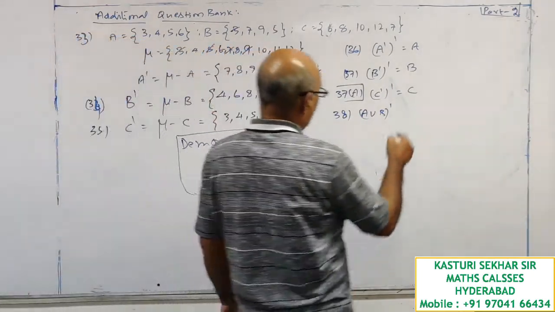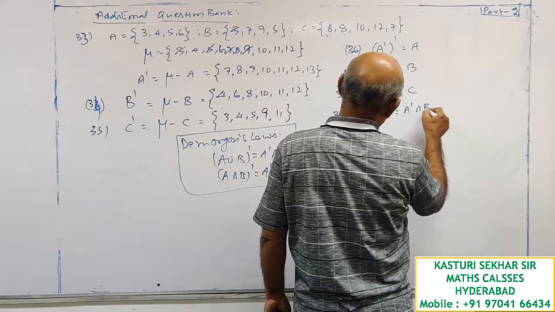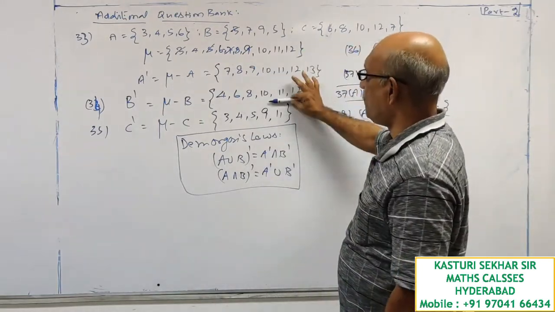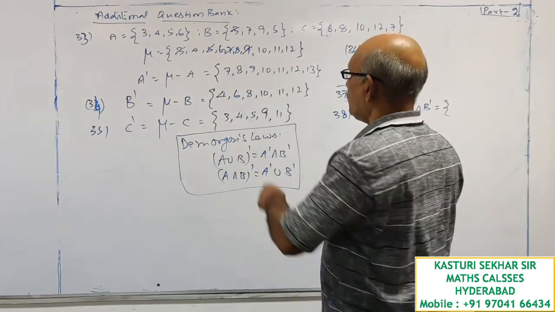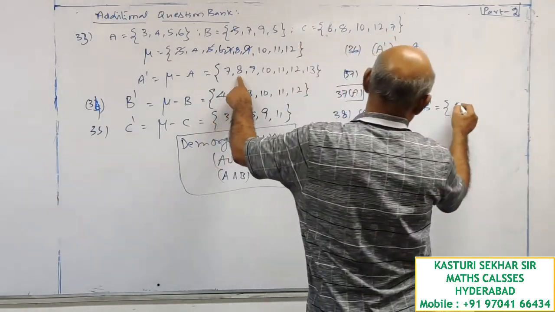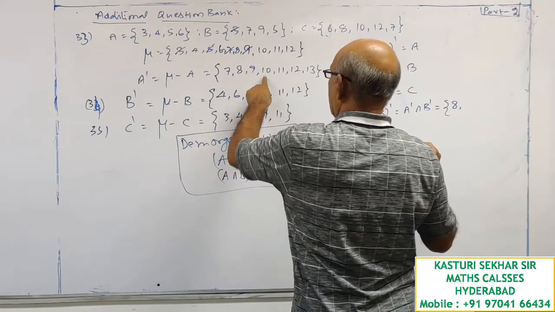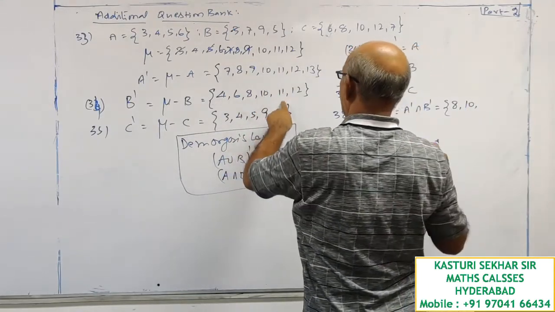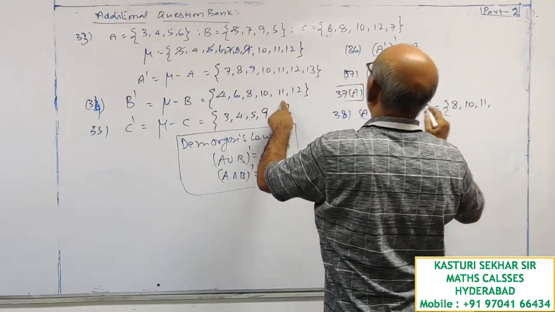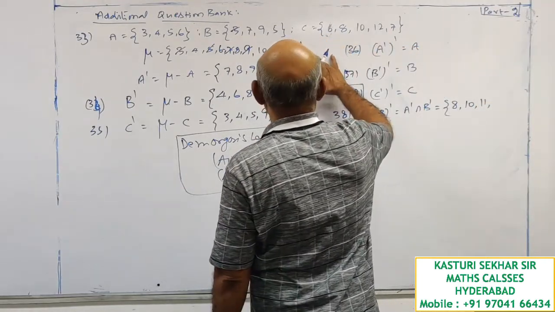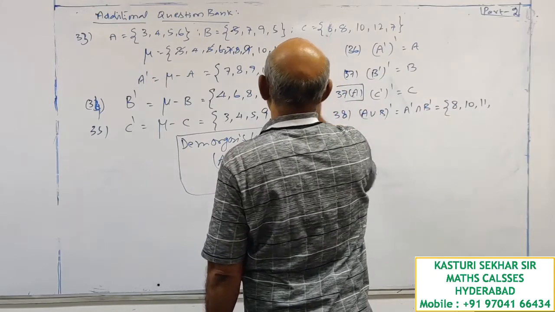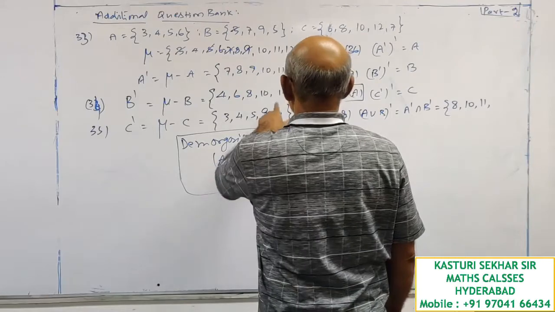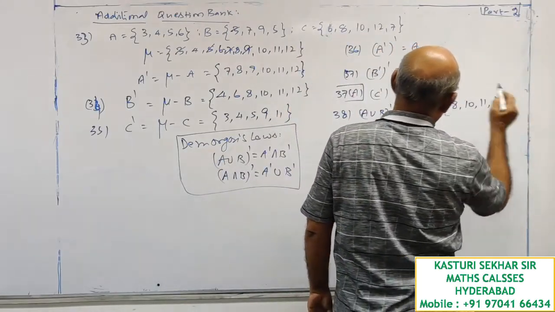If I use this, it is A complement intersection B complement. A complement is this, B complement is this. Common elements: 8 is the common element. Then 10 is the common element. 11 is the common element. 12 is the common element.